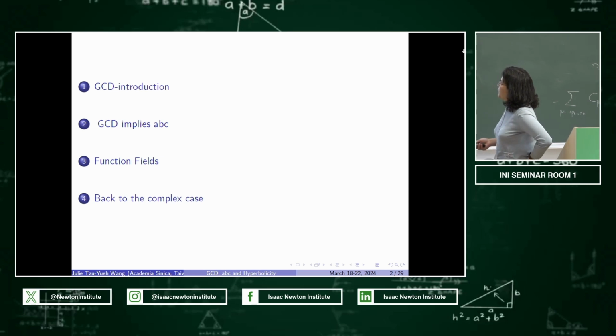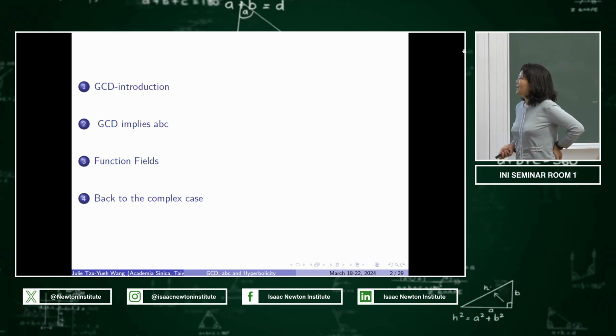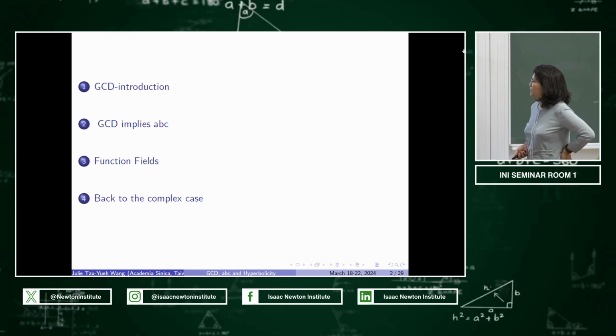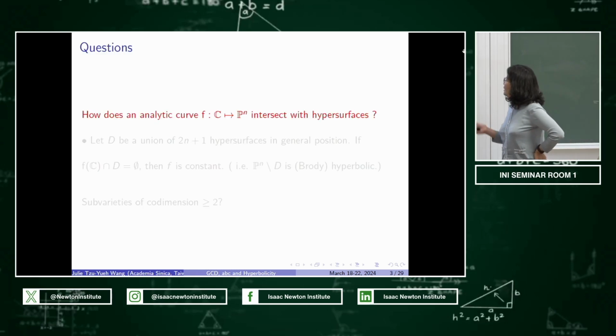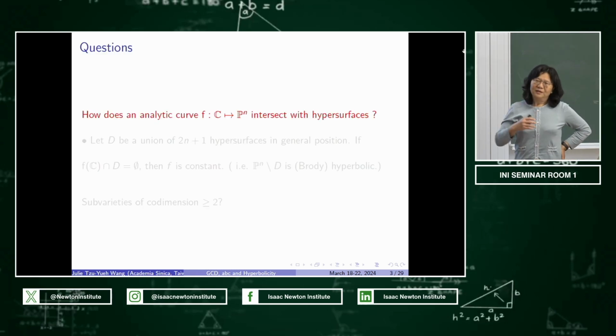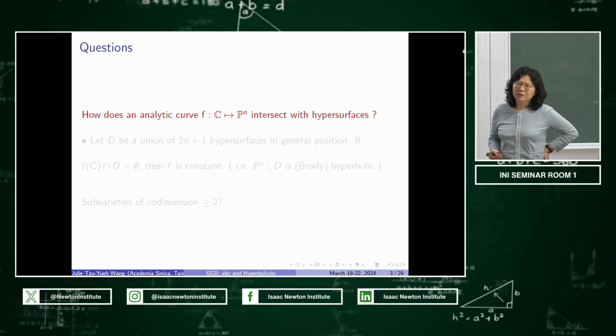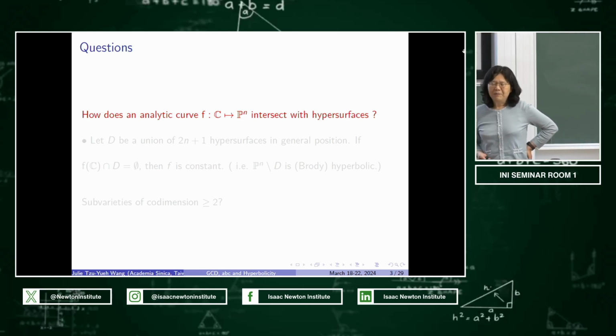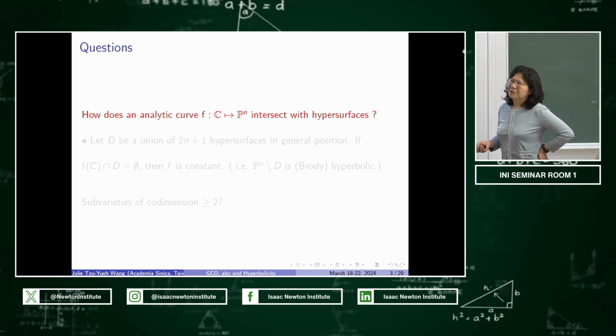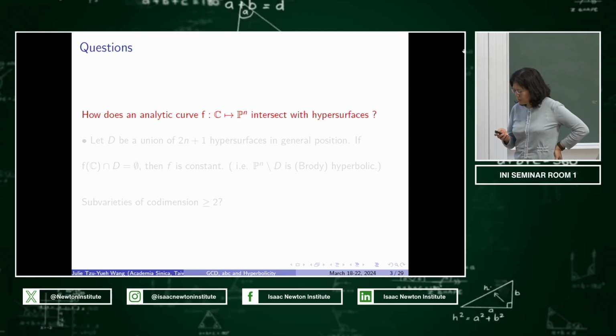I will introduce what GCD is here, then tell you why GCD implies ABC, then we will get some motivation from the function field case, and then we'll go back to the complex case.